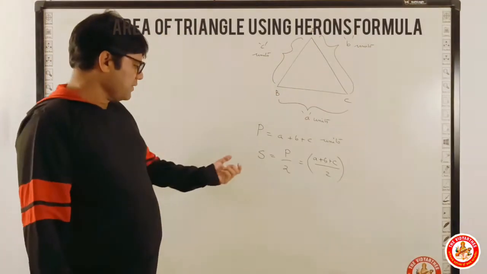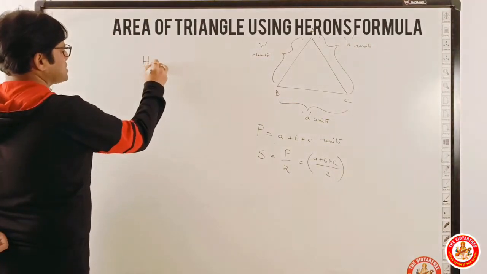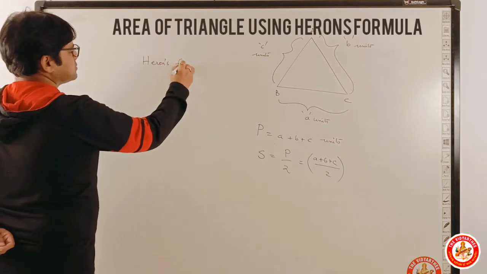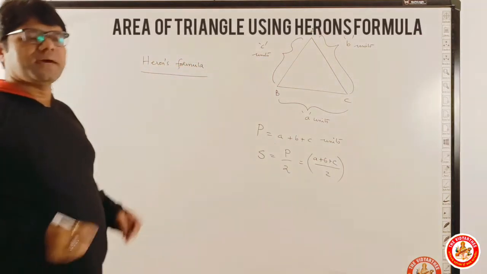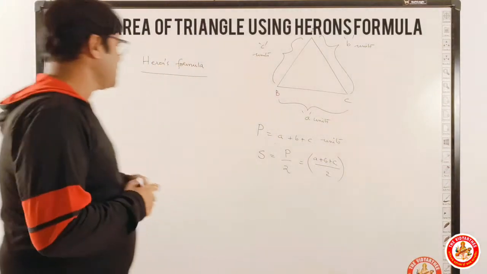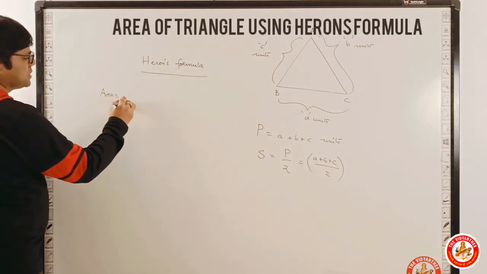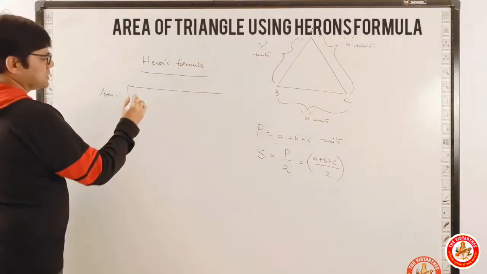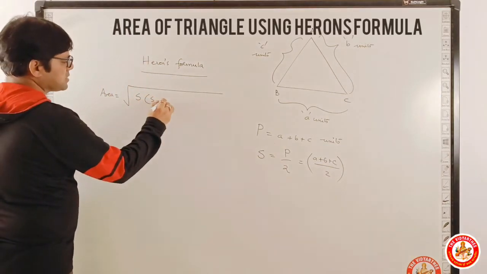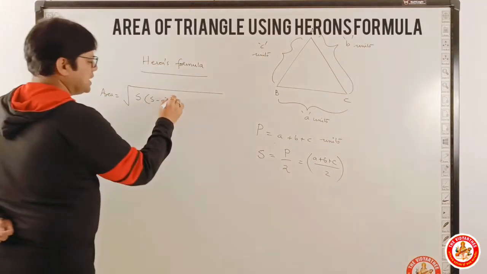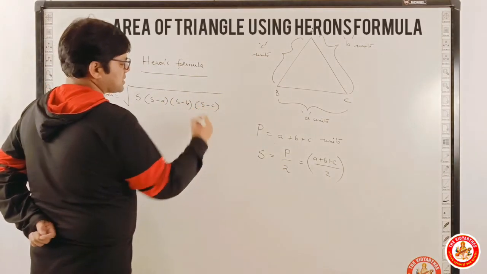So if I have the value of S, that is a semi-perimeter, then I can use HERON'S formula. So what is HERON'S formula basically? To find out the area of a triangle, we can use HERON'S formula, which says area is equal to under root of semi-perimeter times S minus first side into S minus the second side into S minus the third side.